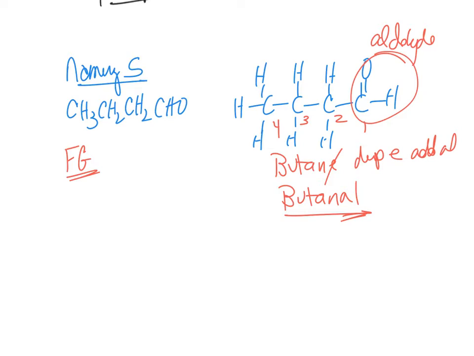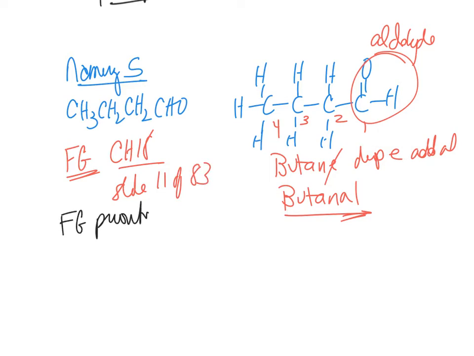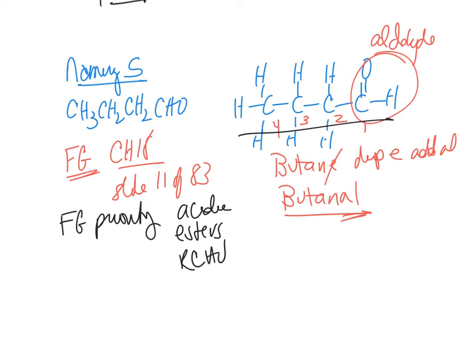You have a slide. If you look in chapter 18, slide 11 of 83, it gives you the functional group priorities in naming. Acids have the highest, so you find the longest chain including the acid, and then esters, and then aldehydes. That's why you start with that as your 1.